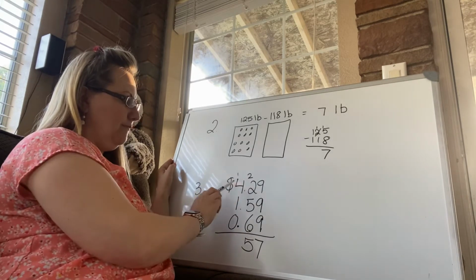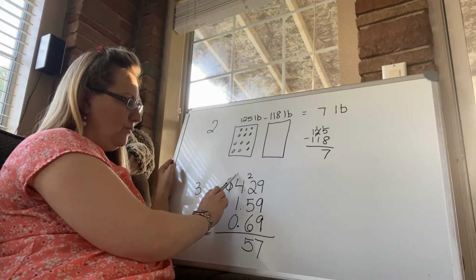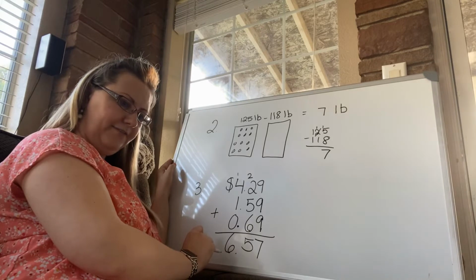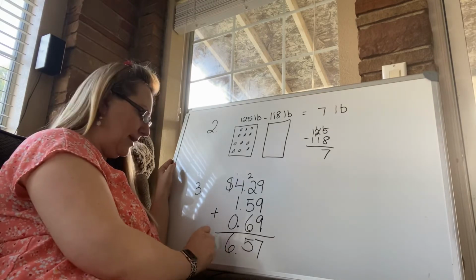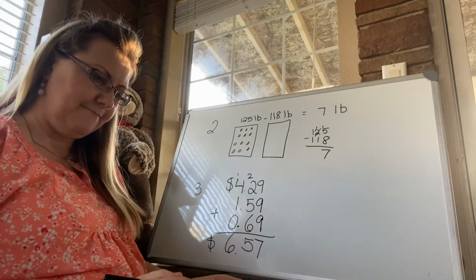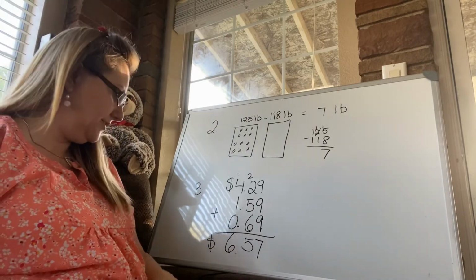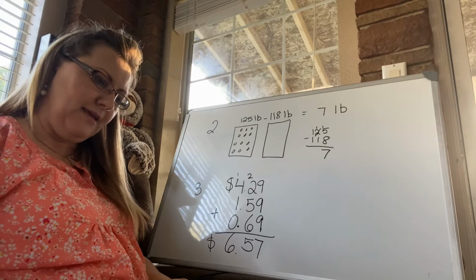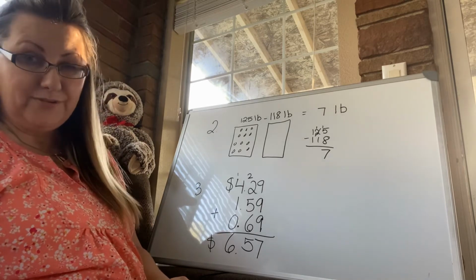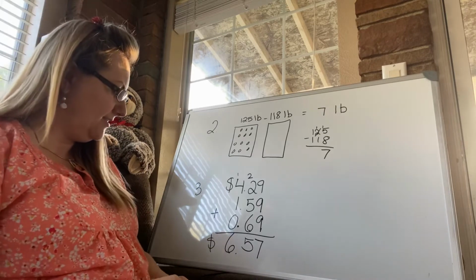Okay, and then we have $4 plus another $1 and another $1, so this is $6.57. Okay, and is that all of it though? Are we done? We got to $6.57. And then it tells us that the sales tax is 43 cents. Don't forget the sales tax.